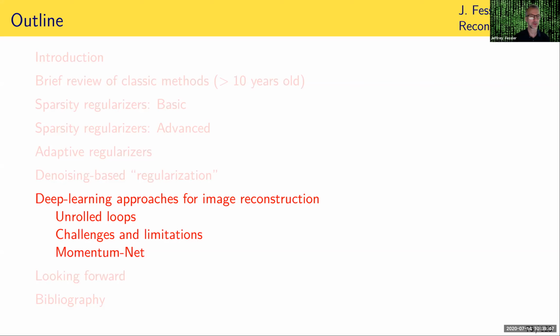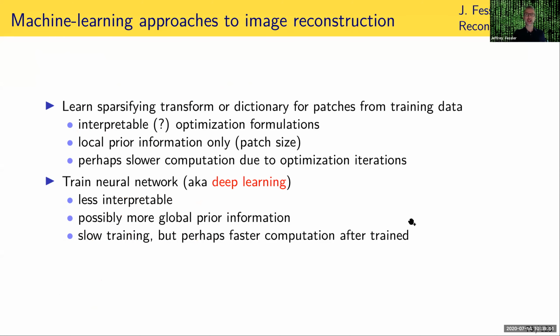I'm going to resume now, where I was contrasting two different machine learning families of approaches for image reconstruction. One is shallow or local learning of transforms or dictionaries. And then, of course, the hot topic of the day, training deep neural networks, which are a little bit harder to interpret, perhaps. They can use more global prior information, though, because the receptive fields of deep networks are often much larger than the typical patch size used in patch-based methods.